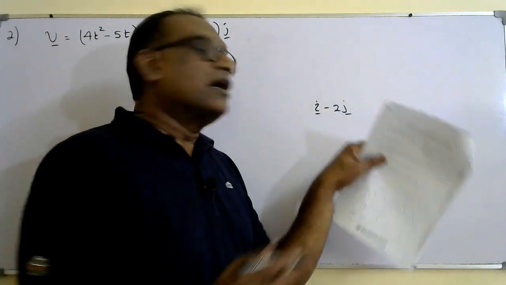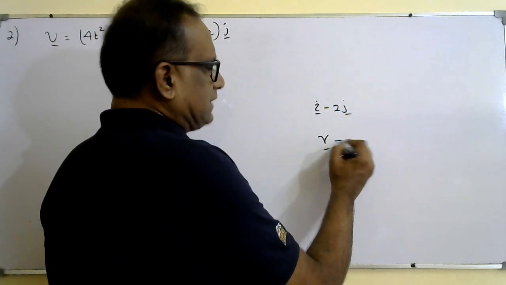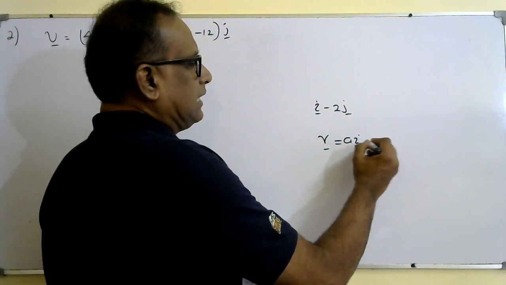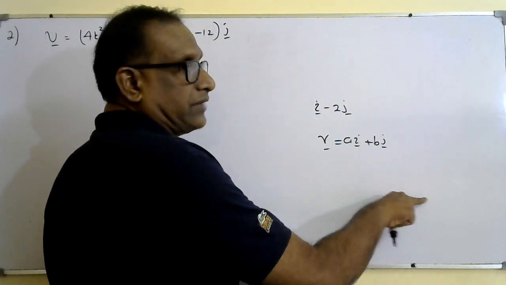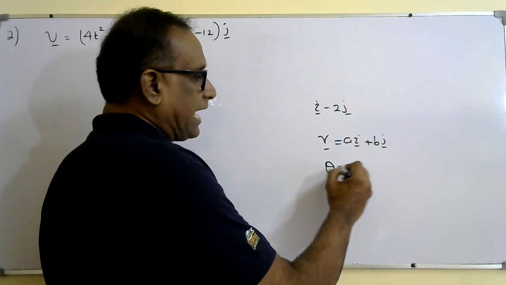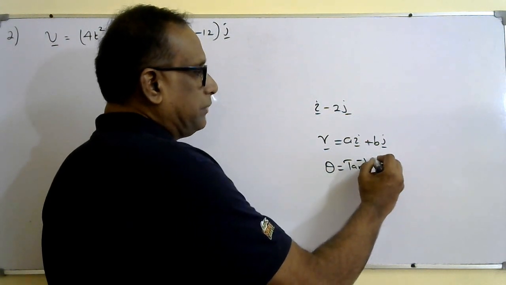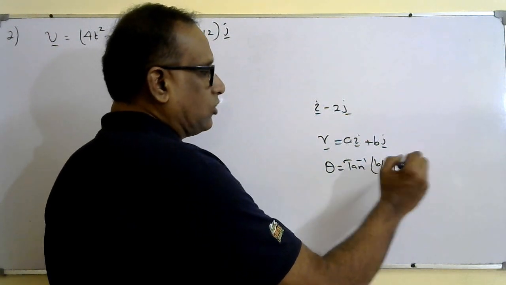But we know how to find the direction. If the vector is given generally as ai plus bj, the direction with the x-axis, with the unit vector i, is given by tan inverse b over a, or tan theta equal b over a.